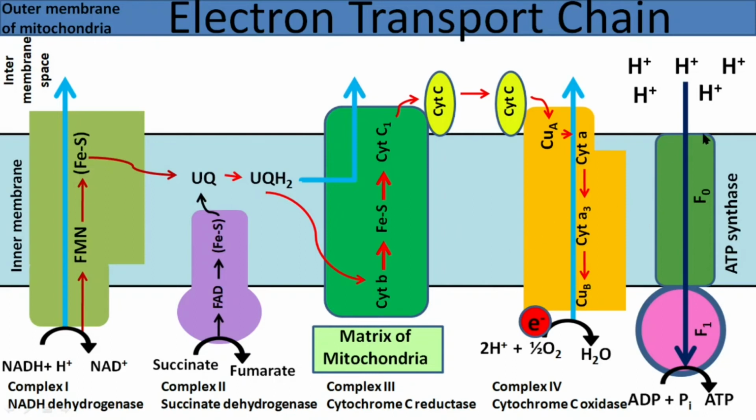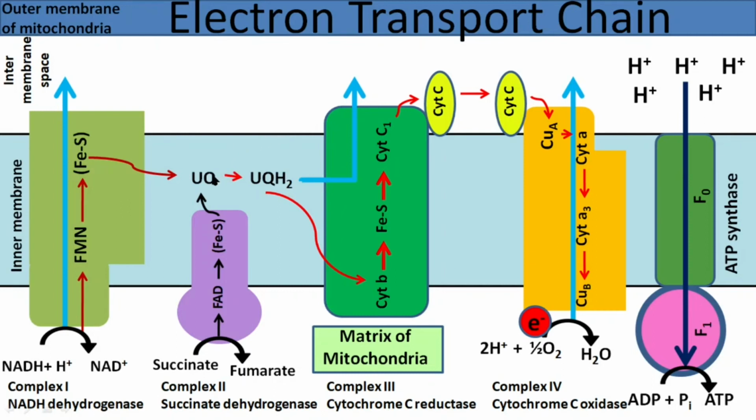What you are seeing here is the complex involved in ATP synthesis. We call it ATP synthase, and it is responsible for the synthesis of adenosine triphosphate by oxidative phosphorylation. Once electrons are transported across the different components of the electron transport chain, ATP synthesis happens by this particular complex, which we will see in a moment.